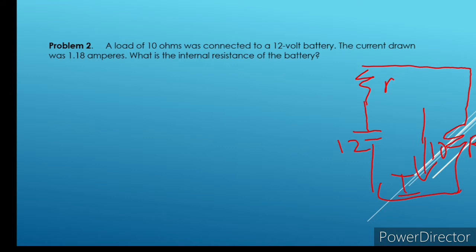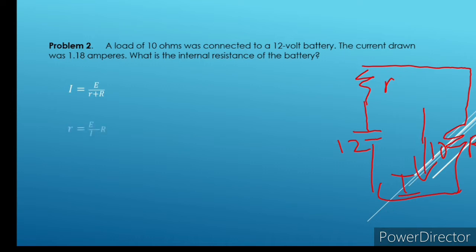And for this problem, we will use this formula: I is equal to E, or the voltage, over the internal resistance plus the resistance. Since we are looking for the internal resistance, we will just rearrange the formula.